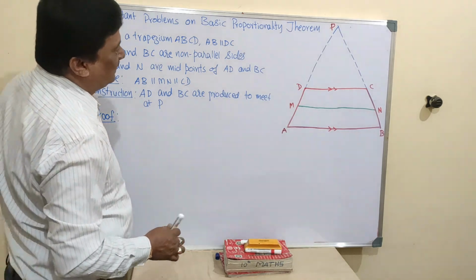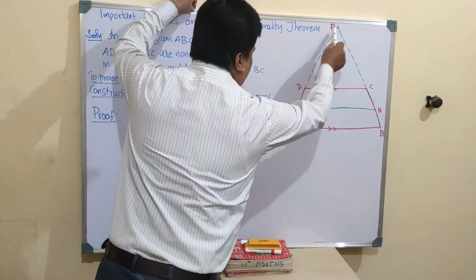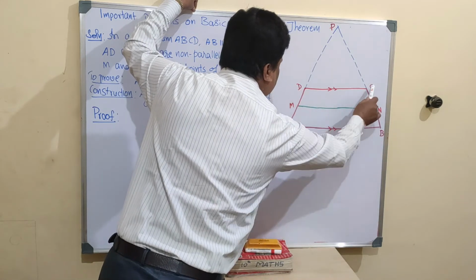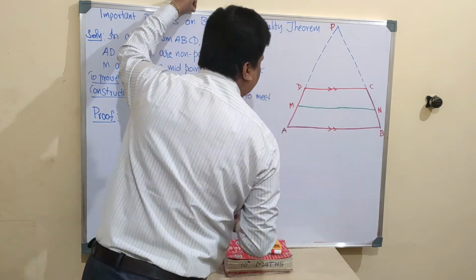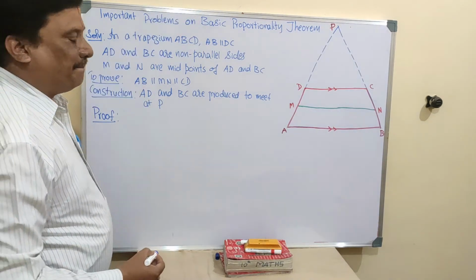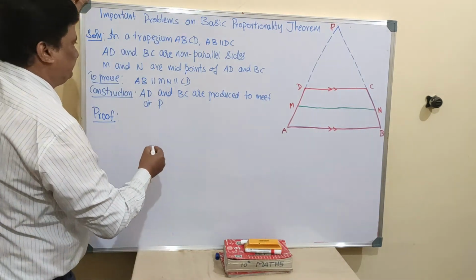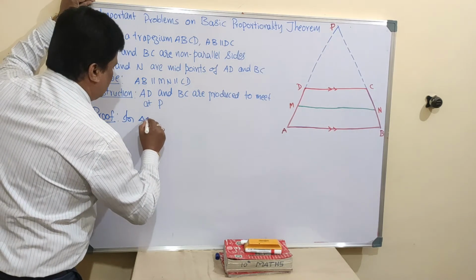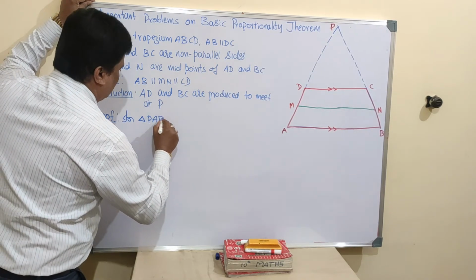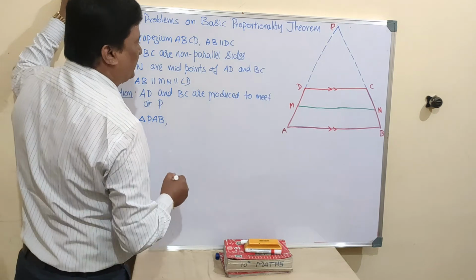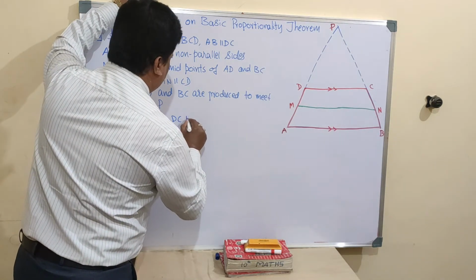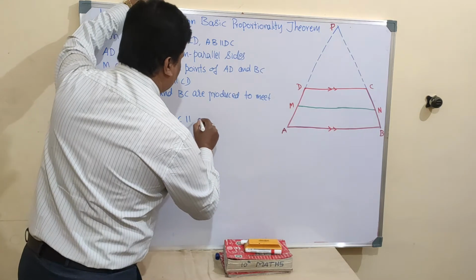Proof. Here in triangle PAB, DC is parallel to AB. So we can apply basic proportionality theorem. In triangle PAB, DC is parallel to AB.